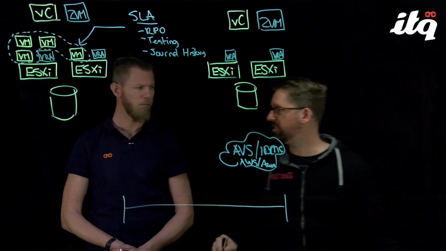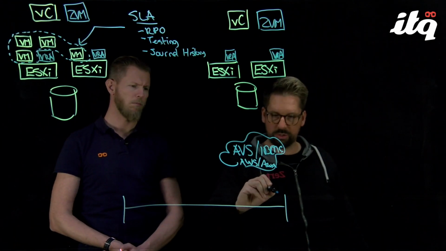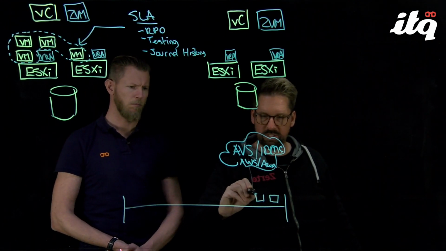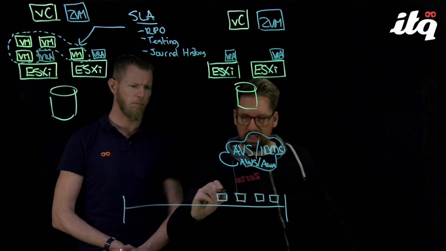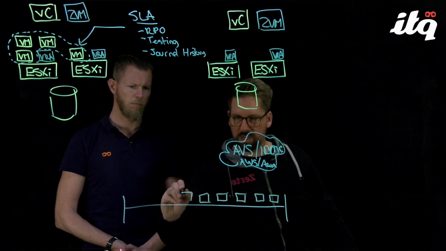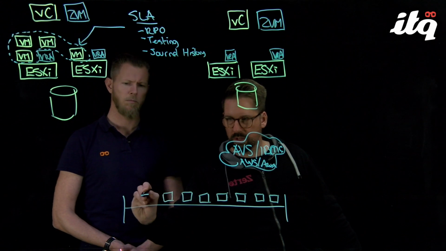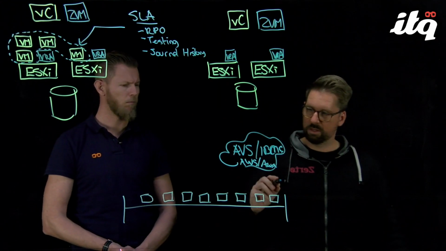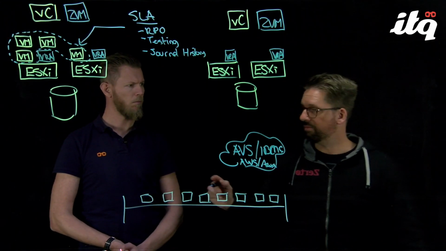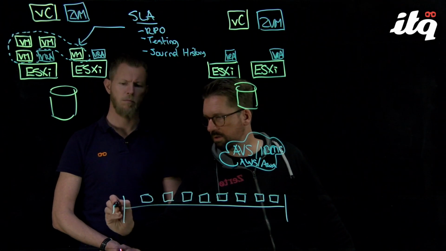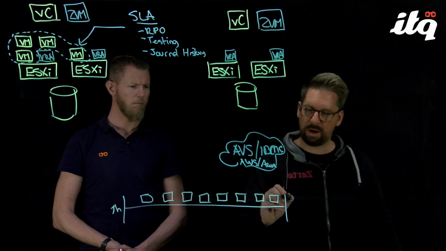Every VM has its own journal, and in those journals we store all the I/Os that are being generated by those VMs. Every single time a VM writes something, we store it in the journal. The minimum amount of I/O we store is 1 hour. The maximum amount is 30 days.